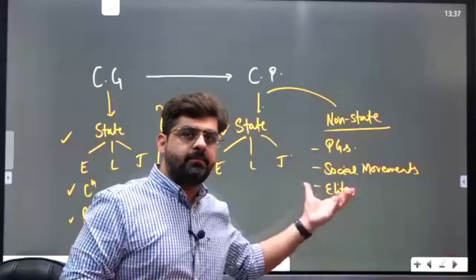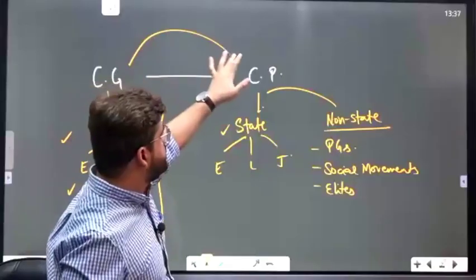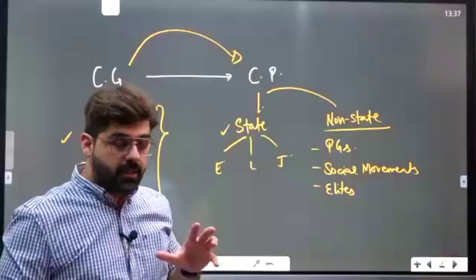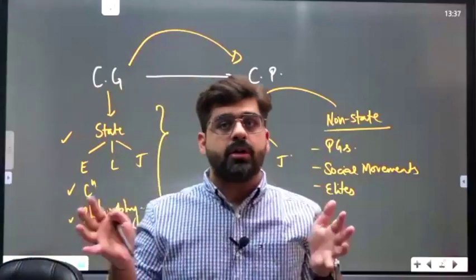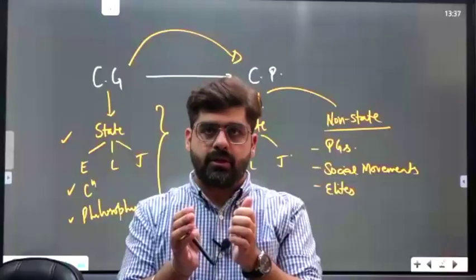And this is where my domain transitions from comparative government to comparative politics, because politics is a much broader domain as compared to government. Government is one part of the politics.